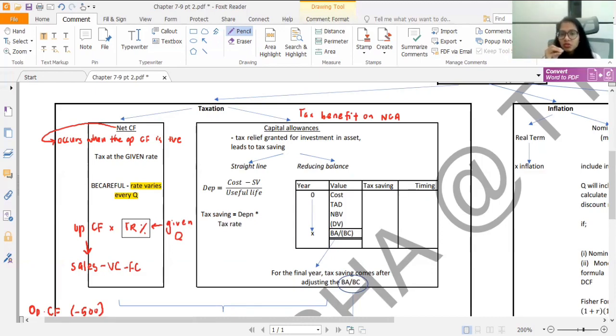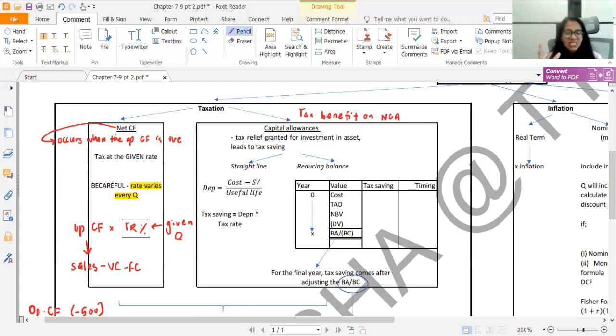So what you do is calculate depreciation of your machine, multiply that depreciation value by the tax rate, and you will get your tax saving or tax benefit amount.